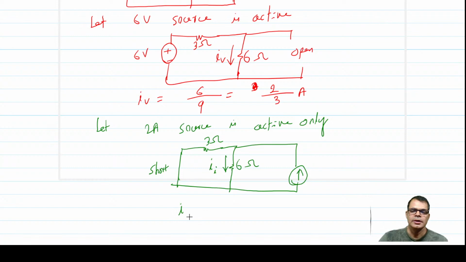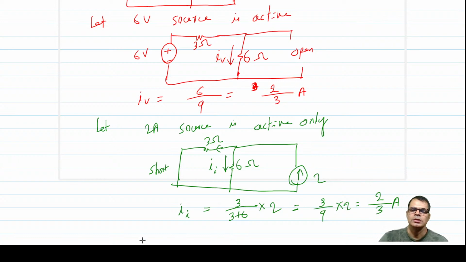If you apply current division, this current will be 3 upon 3 plus 6 into 2 ampere, that is 3 upon 9 into 2, that is 2 upon 3 ampere.